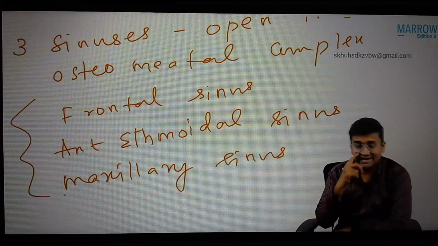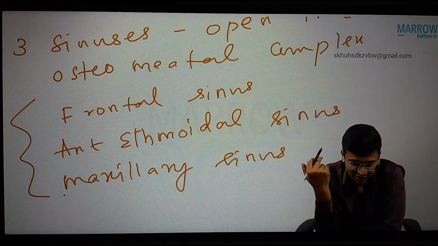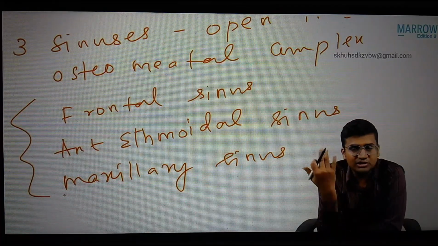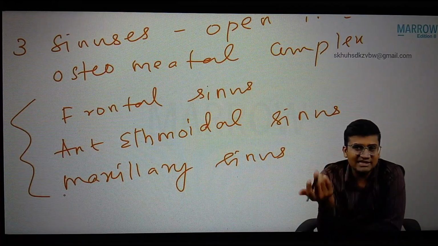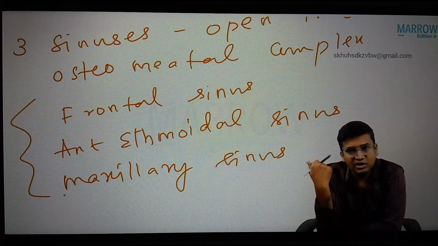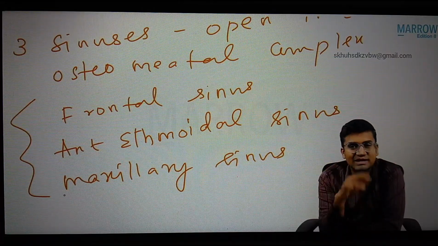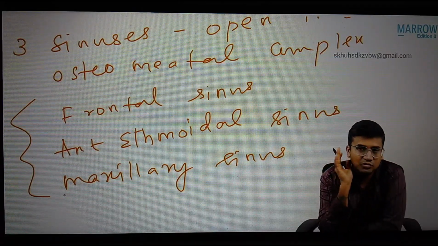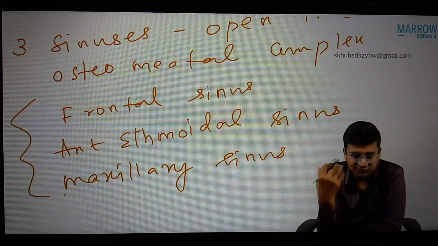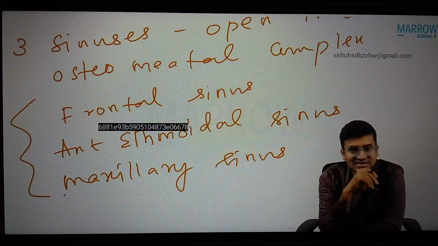So now, any block in the osteomeatal complex means these sinuses are not able to drain their secretion, which in turn results in frontal sinusitis, anterior ethmoidal sinusitis, and maxillary sinusitis.